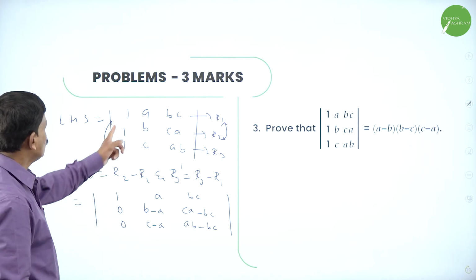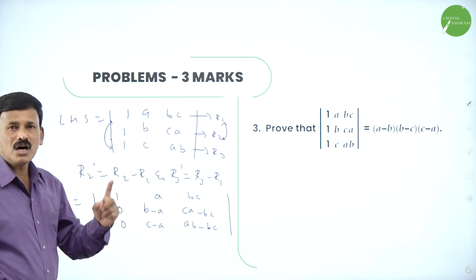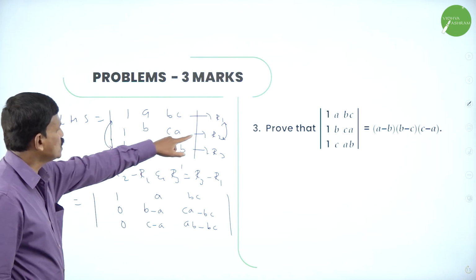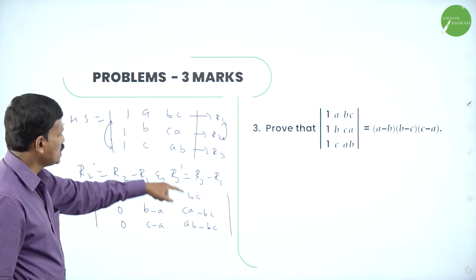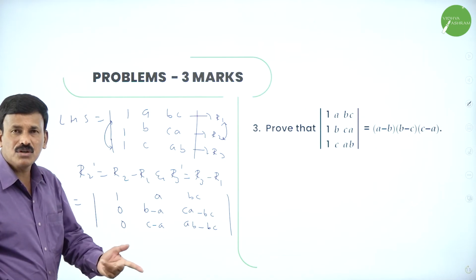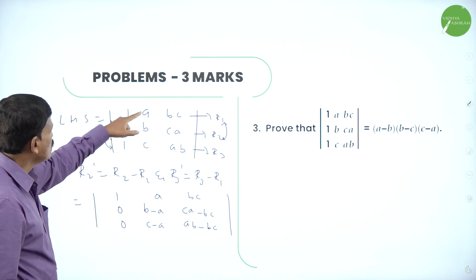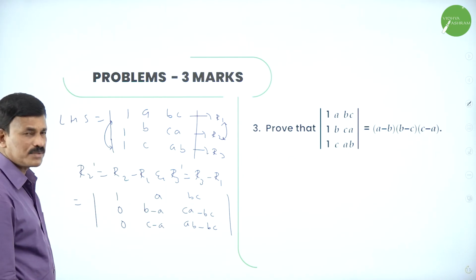Okay, so 1, a, bc, the first row, is the same. We are changing the second row: R2 dash is equal to R2 minus R1, 1 minus 1, 0, b minus a, ca minus bc. R3 dash is equal to R3 minus R1, 1 minus 1, 0, c minus a, ab minus bc. Okay, now observe carefully.